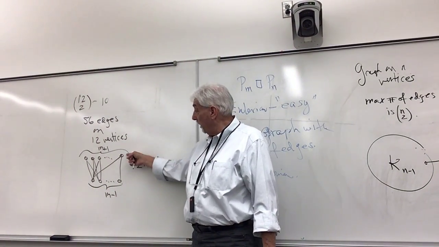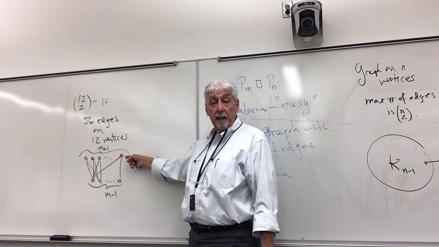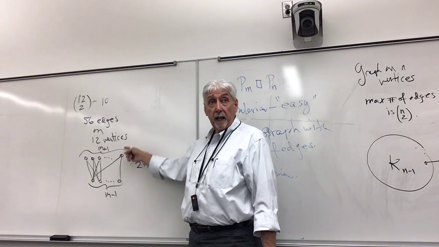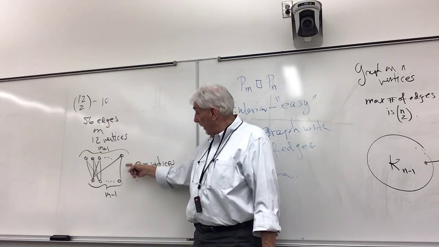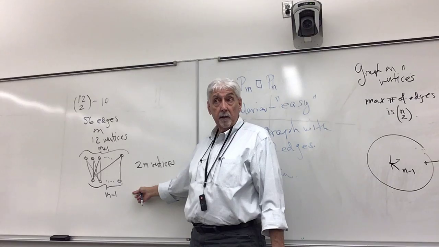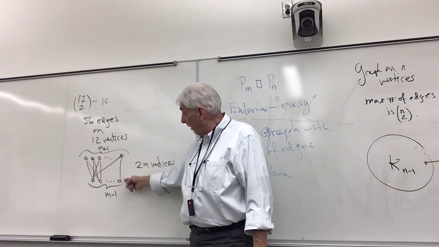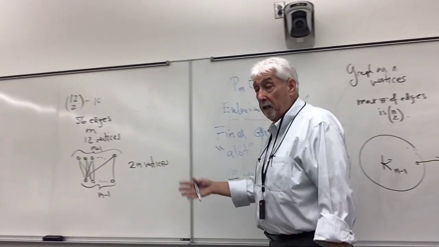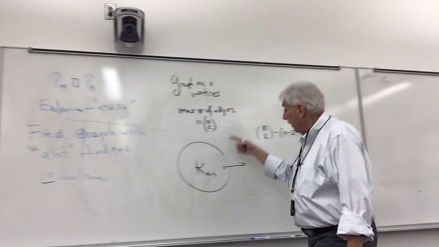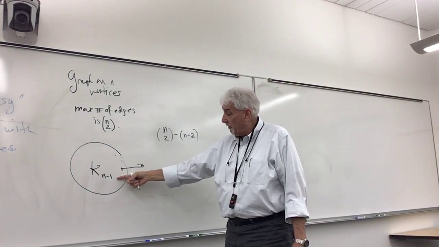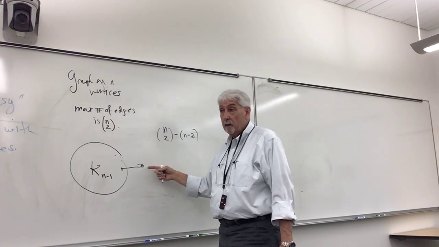M plus 1. What are the degrees of these up here? M minus 1. So that's pretty high degree, and yet it's not Hamiltonian. All the points have pretty high degree, about half the number of vertices. And in fact, these points have high degree, but this has very low degree.